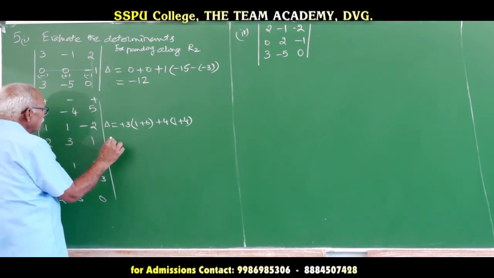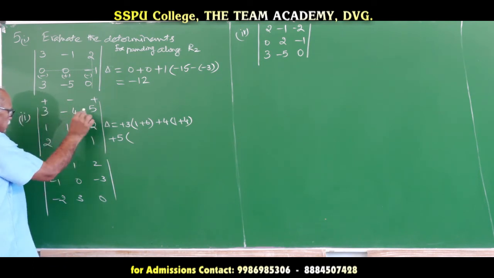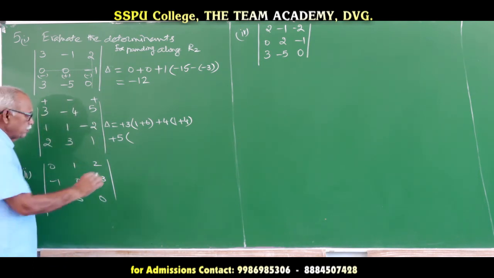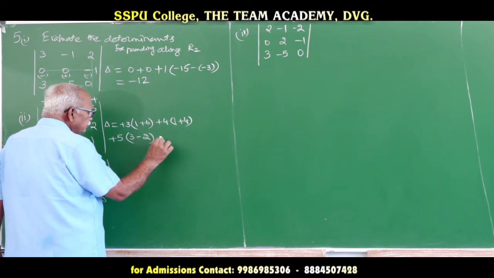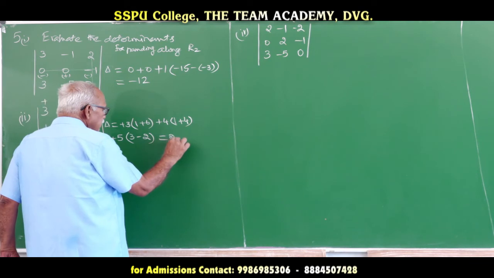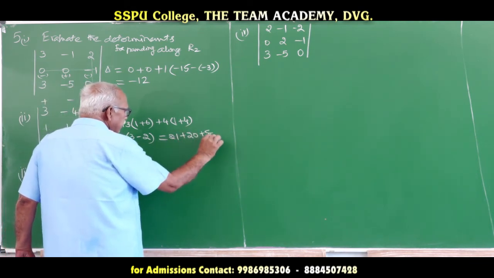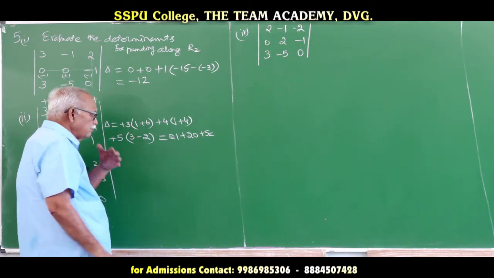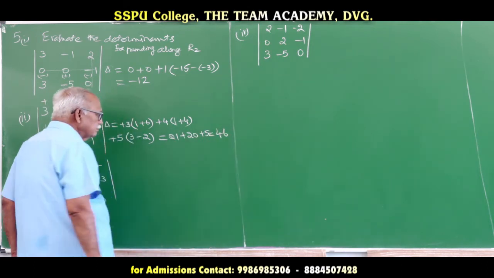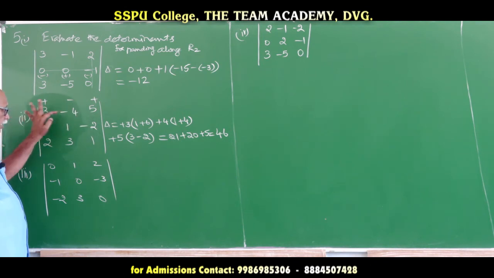Next, you take this, it is plus sign, 5 into, eliminate this. So, 1 into 3, 2 into 1, that is 3 minus 2. So, this is equal to 3 into 7, 21, 20 plus 5. So, that is equal to 46. So, this is the expansion of the determinant 3, minus 4, 5.